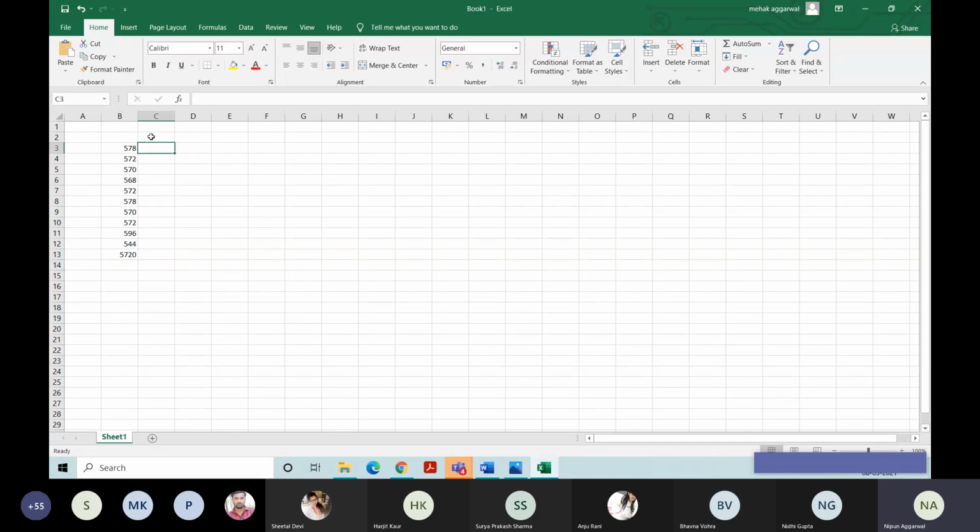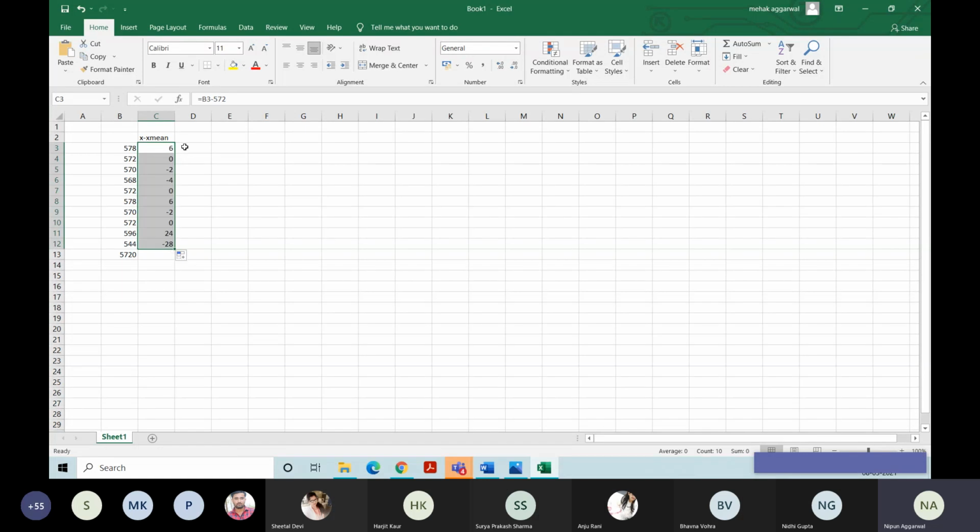So x minus x bar you have to calculate. For 578, it will be 578 minus 572. So this will be your x minus mean.